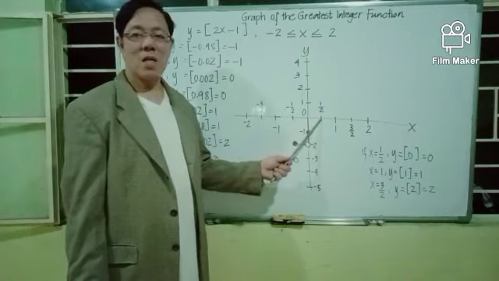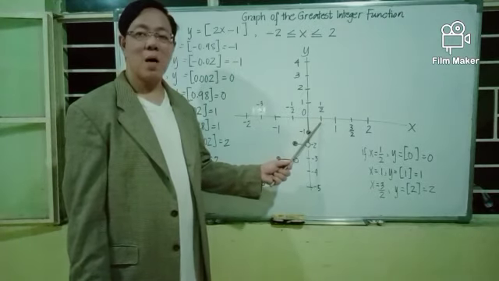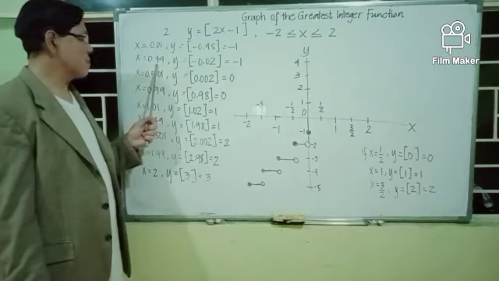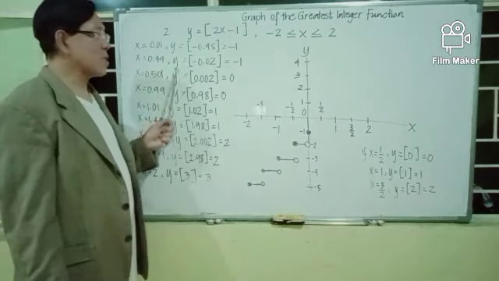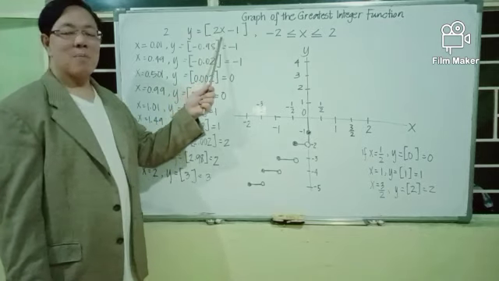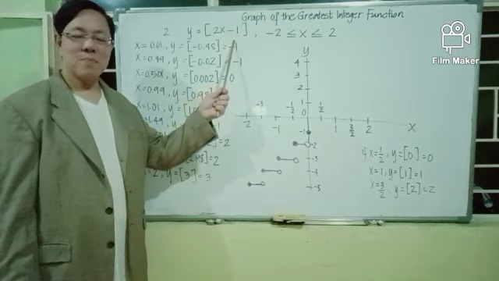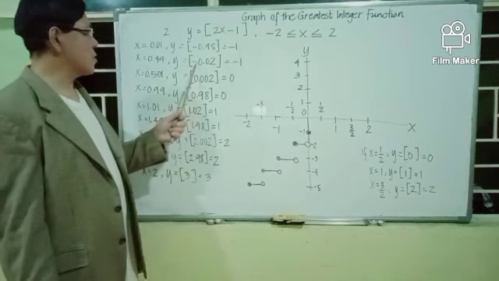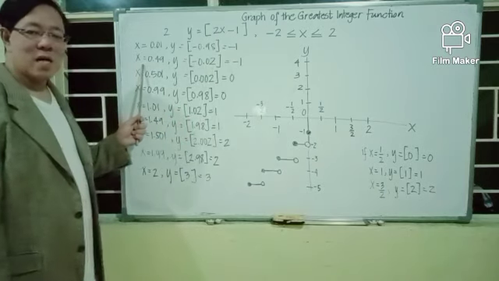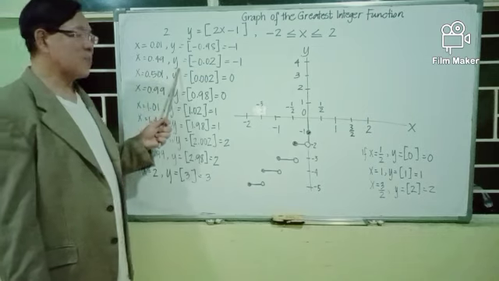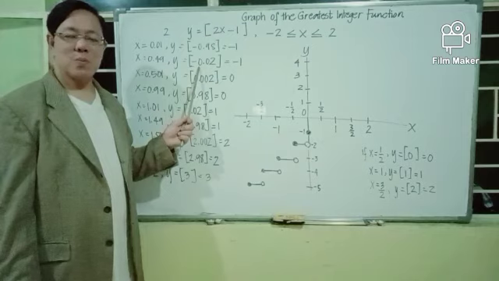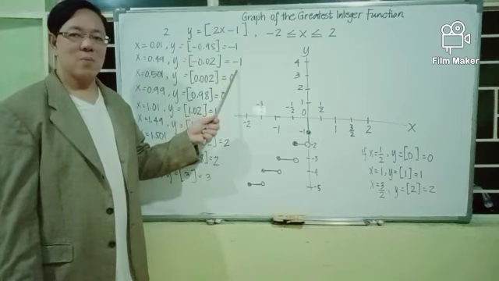Now I will take a value of x close to 1 half or 0.5. I will take x equals 0.49. When x equals 0.49, substitute in the greatest integer function. 2 multiplied by 0.49 minus 1, and using your calculator, you should get negative 0.02. That is, when x equals 0.49, the value of y is the greatest integer less than negative 0.02, and that integer is negative 1.